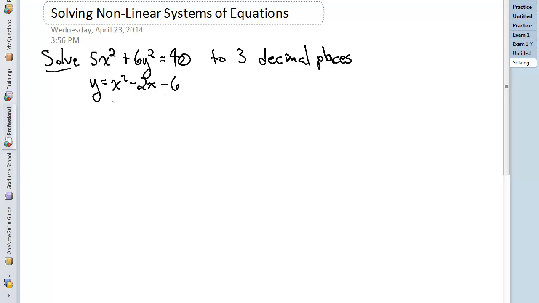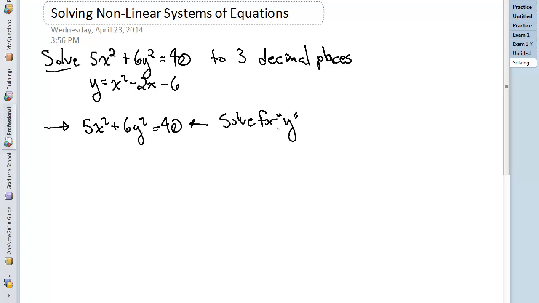So the first thing we want to do is take the 5x squared plus 6y squared equals 40, and solve that for y so that we can put it in our graphing calculator. You're going to have 6y squared is equal to 40 minus 5x squared, subtracting 5x squared from both sides. We divide everything by 6, so you have 40 minus 5x squared, all divided by 6.